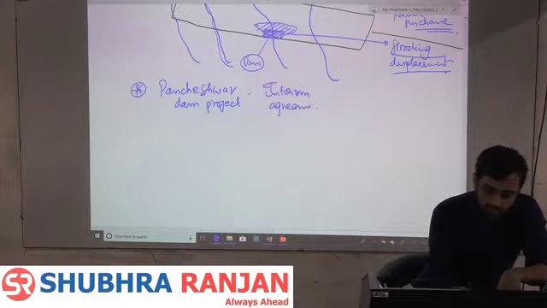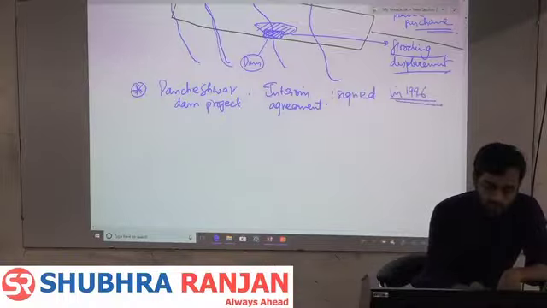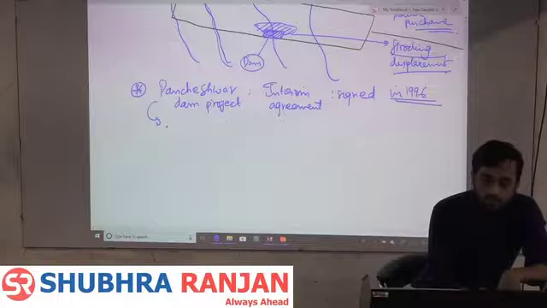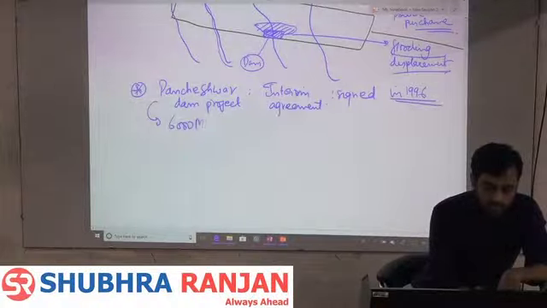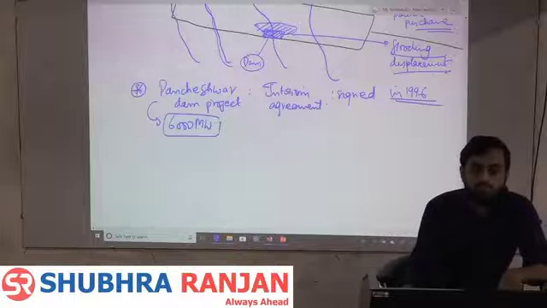The interim agreement was signed in 1996 between India and Nepal. This is supposed to be on the Mahakali river, and it is a 6,000 megawatts project.